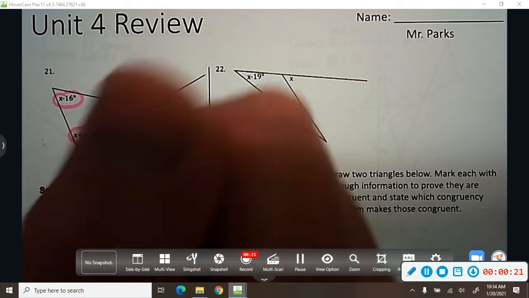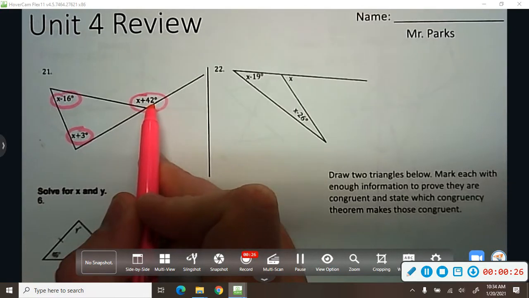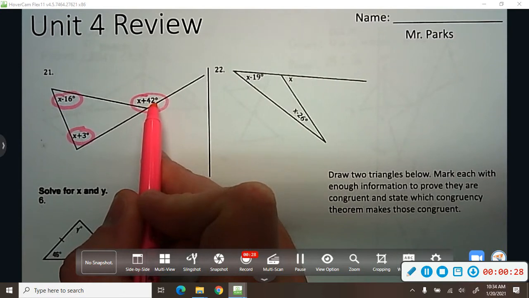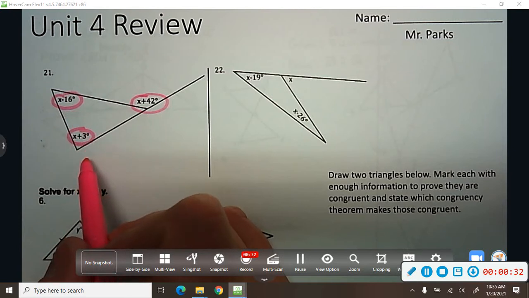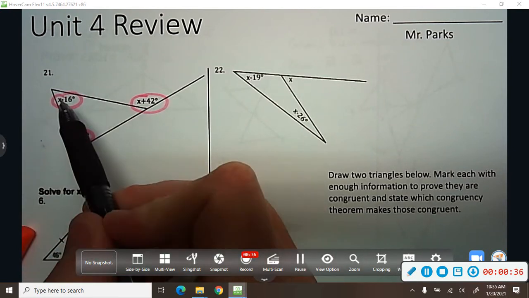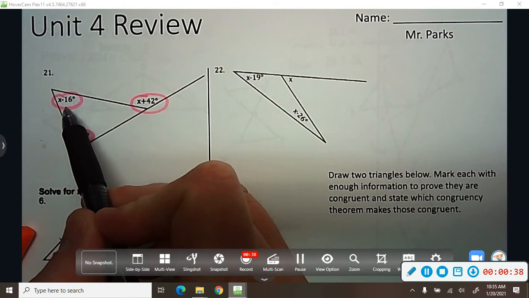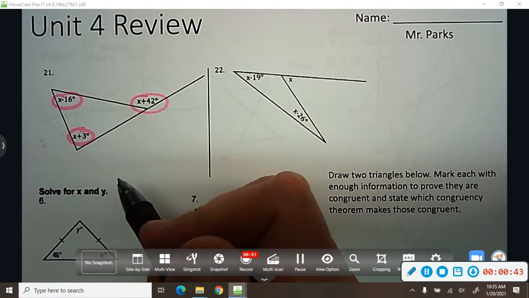We learned a theorem that says to find the exterior angle, that's equal to the sum of the two remote interior. In other words, I am going to do my equation as x minus 16 plus x plus 3 equals x plus 42.